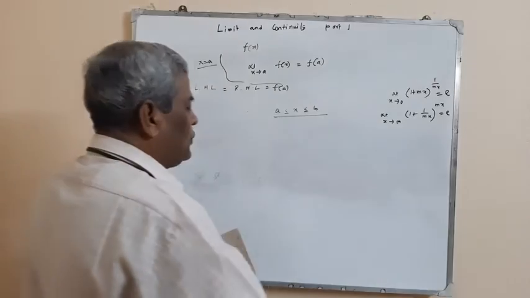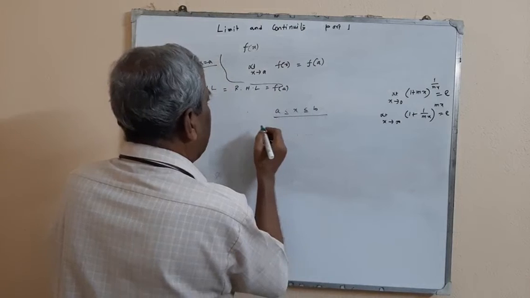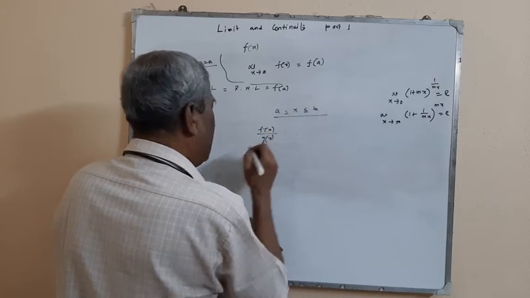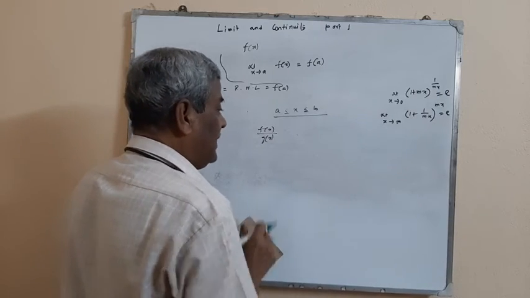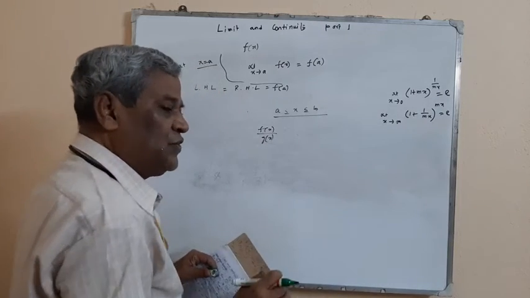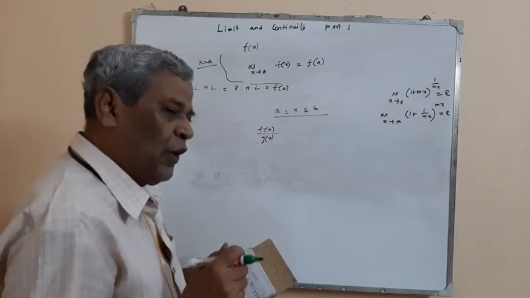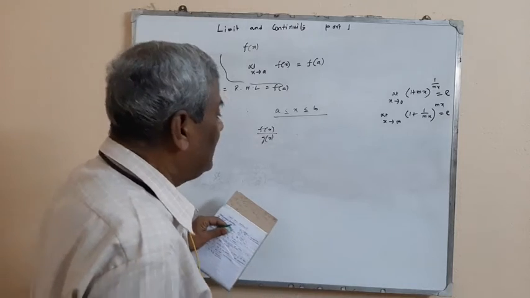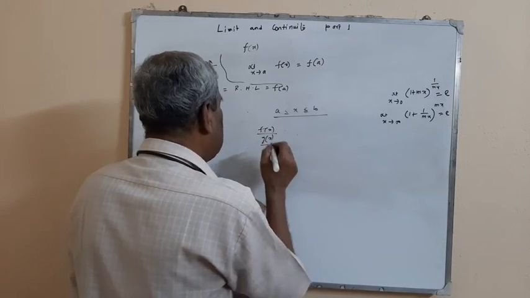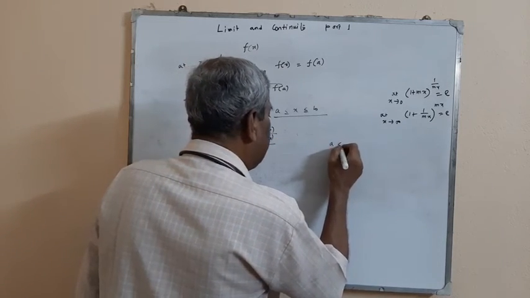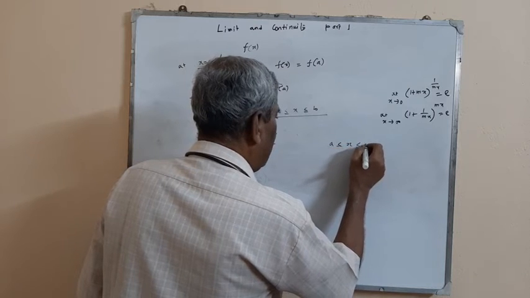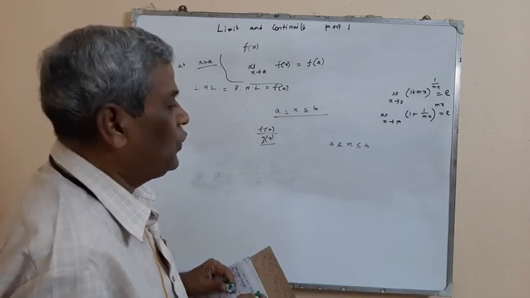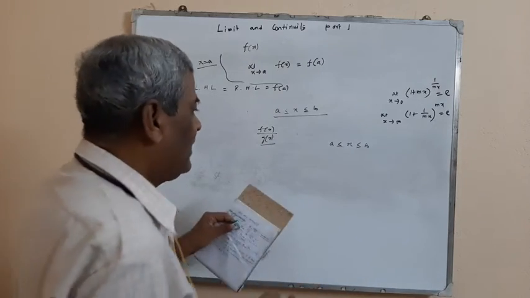Number two, suppose a function is of the type f(x) by g(x), that is it has a denominator. If the denominator is non-zero at a point, then it is a continuous function. Even if g(x) is non-zero on an interval, then the function is continuous over that interval.